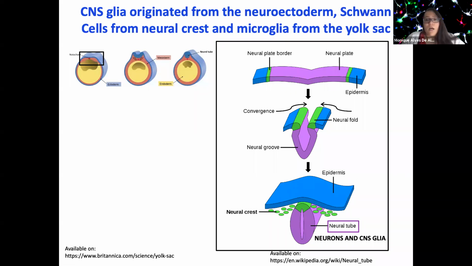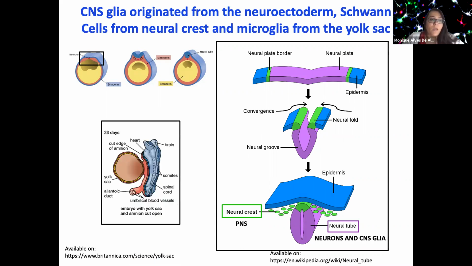So the neural tube cells will then become the neurons and the glial cells. And the neural crest cells will give rise to the peripheral nervous system and therefore the Schwann cells. On the other hand, another class of cells that has an important role in the CNS has a different embryonic origin. This class of cells is known as microglia, which is very distinct from other types of neuroglia.